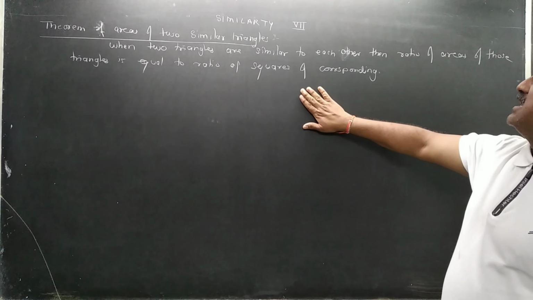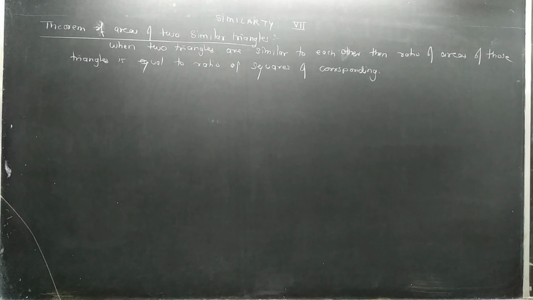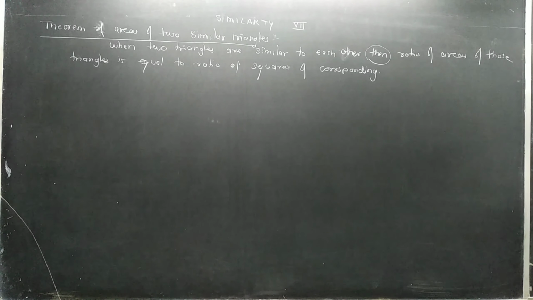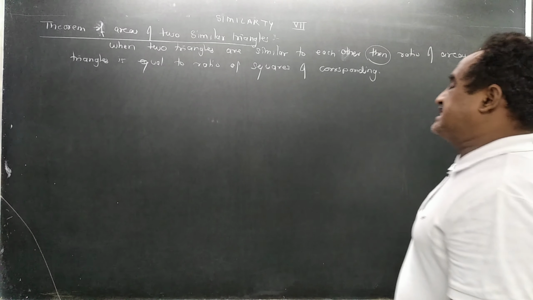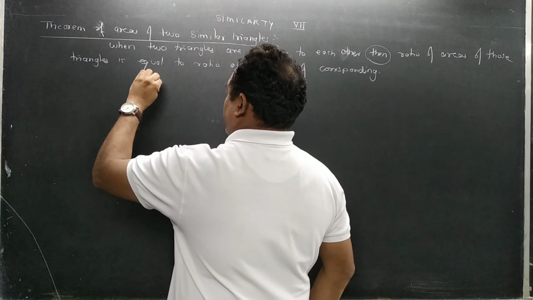When two triangles are similar to each other, then the ratio of areas of those triangles is equal to the ratio of the squares of their corresponding sides. Then the first part, what is it? When two triangles are similar to each other, we are going to draw a figure.